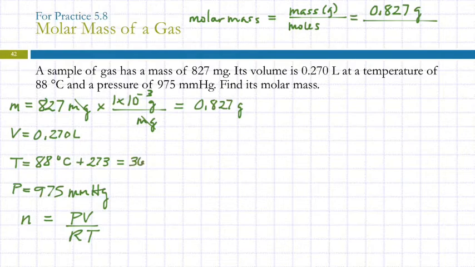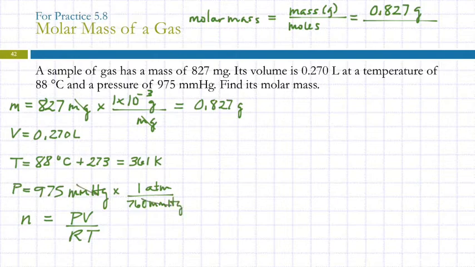361. Is millimeters of mercury a good unit for pressure? No, the units on the gas constant are liter atmospheres. So this needs to be converted to atmospheres. So 1 atmosphere divided by 760 millimeters of mercury.